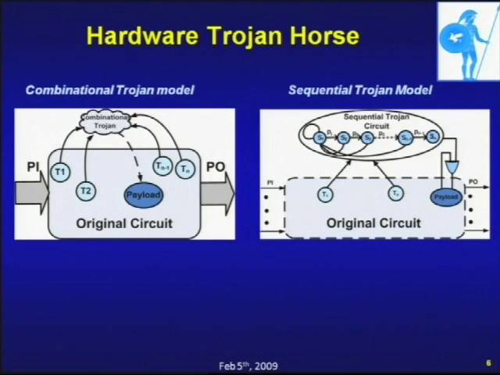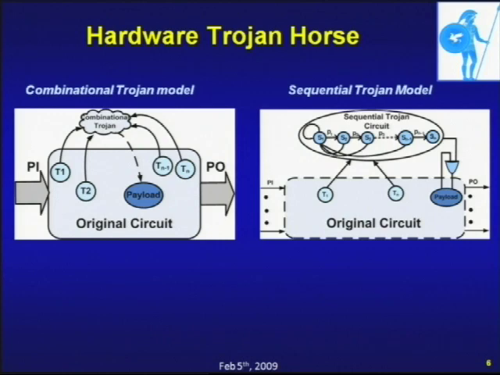Now the fact is an attacker can insert a tiny circuit composed of just a few gates, so that depending on the internal state of the circuit, it can cause malfunction or induce malicious behavior in another node, so that eventually the output would be affected. So your functional behavior would be disrupted. Now this is the combinational Trojan, where the Trojan circuit is composed of only combinational logic gates like AND, OR.